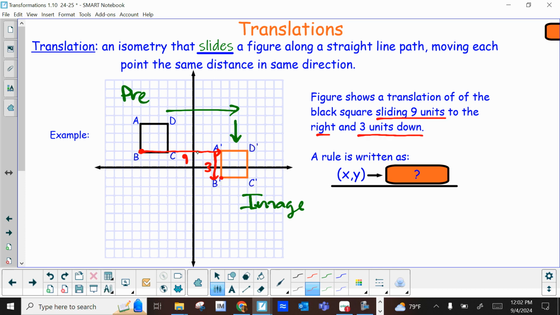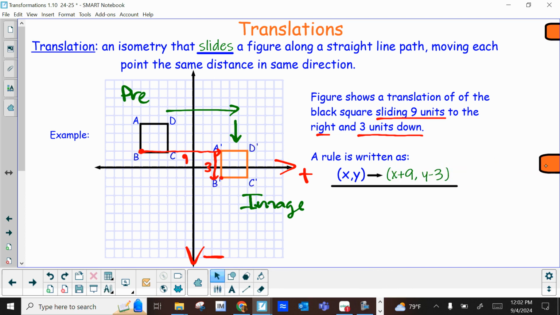So going to the right, that is your positive direction. Going down, that is your negative direction. So if I'm going in the positive direction, I need to add 9 to coordinate B to get to B prime. And then I need to minus 3, go down, to get to B prime. So here's what this rule would look like: x plus 9, comma, y minus 3.